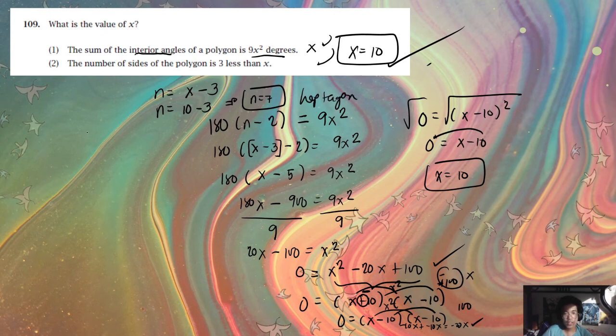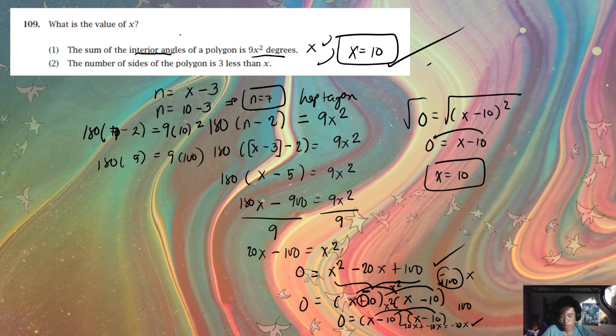Okay, so if we're going to check, that's going to give us 180 times, I'm sorry, times 7 minus 2 is equal to 9 times 10 squared, right? So that should give us 180 times 5 is equal to 9 times 100.